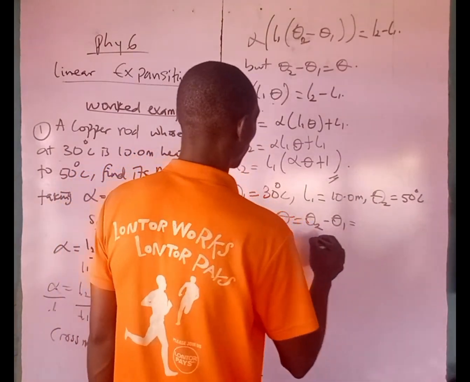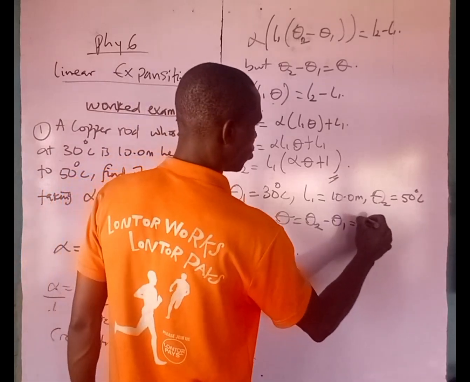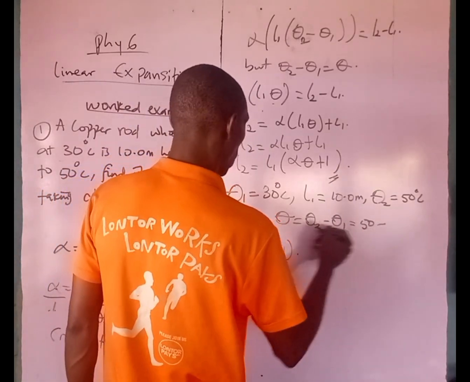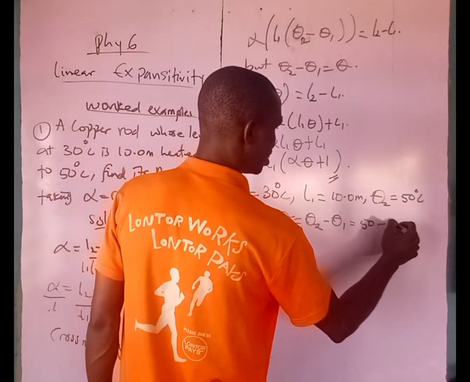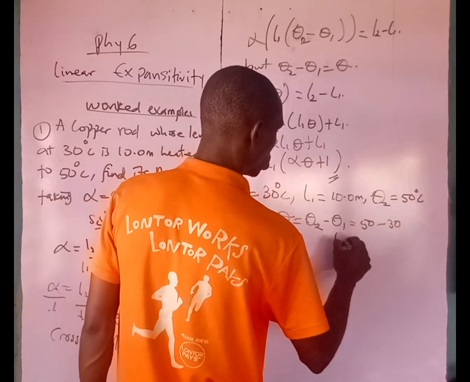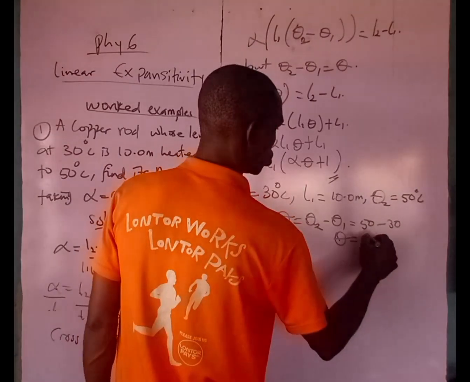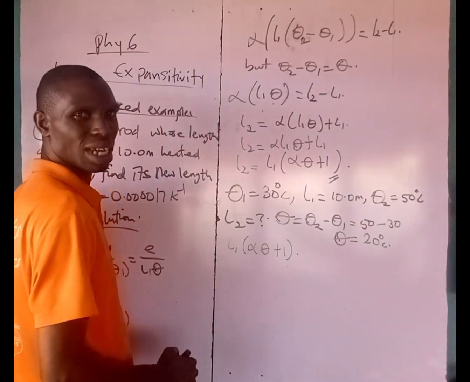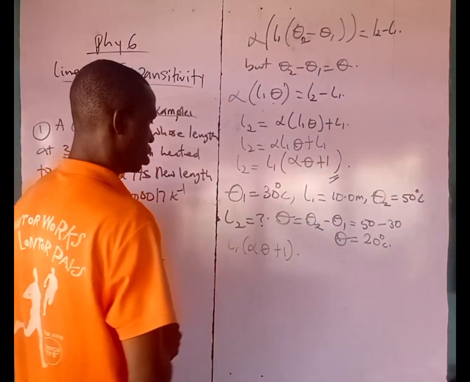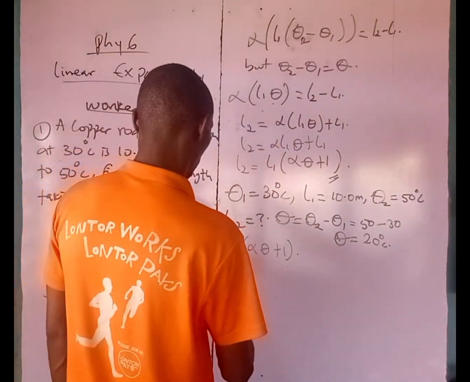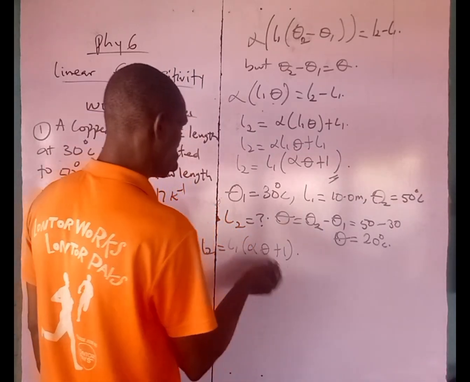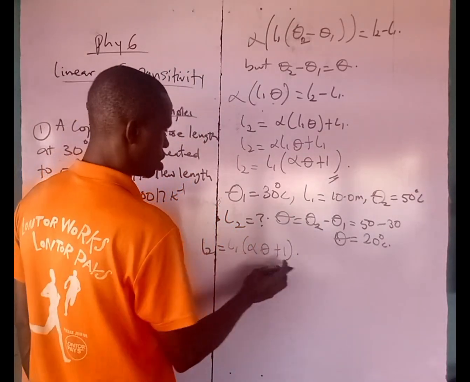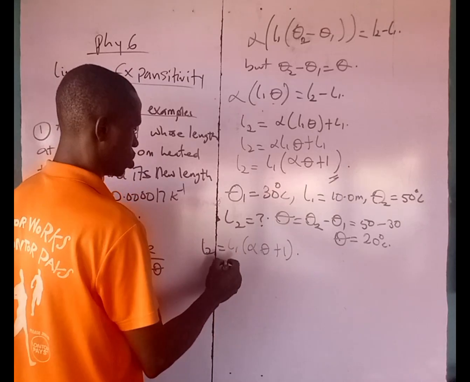So that will be what? What's theta 2? Our theta 2 is 50. What's theta 1? 30. So now theta is what? 20 degree Celsius. I hope you understand that. So this is our theta. So now let's slot it in. We said L2 equal to this.